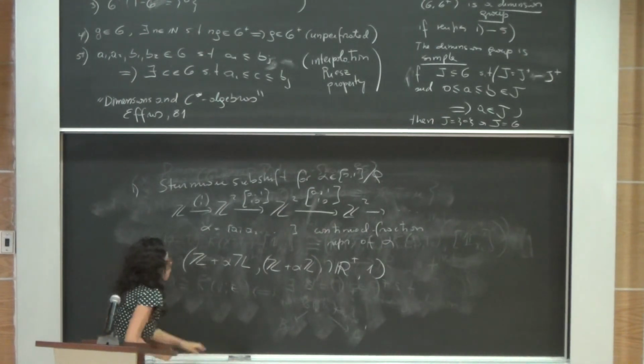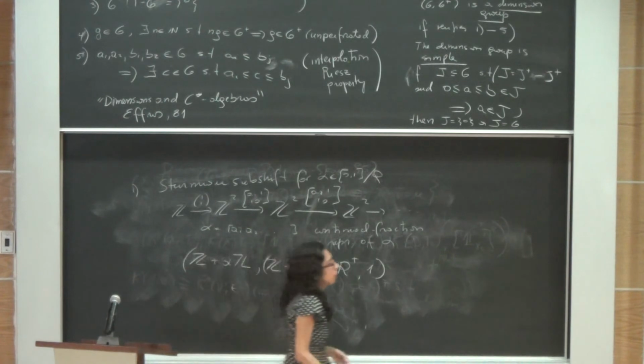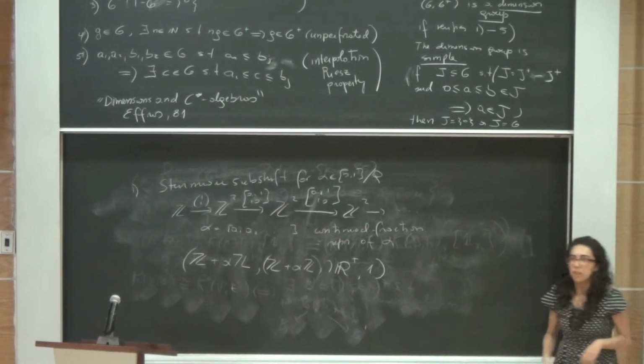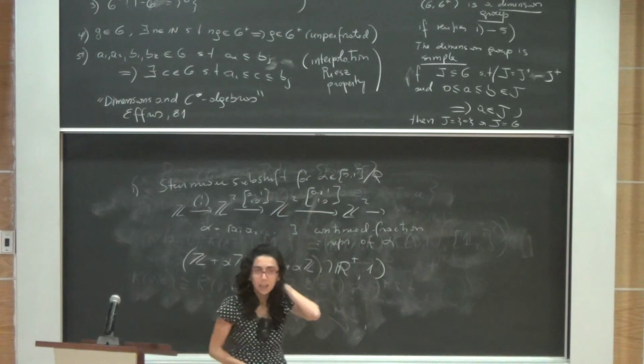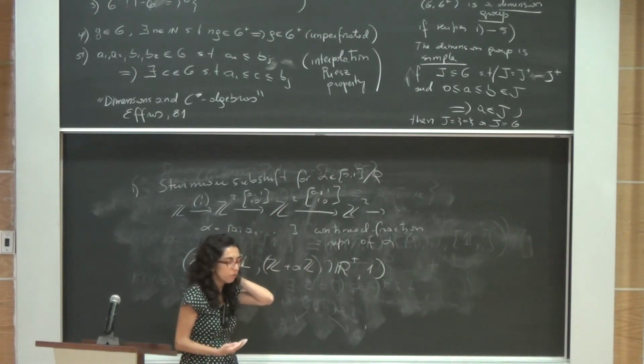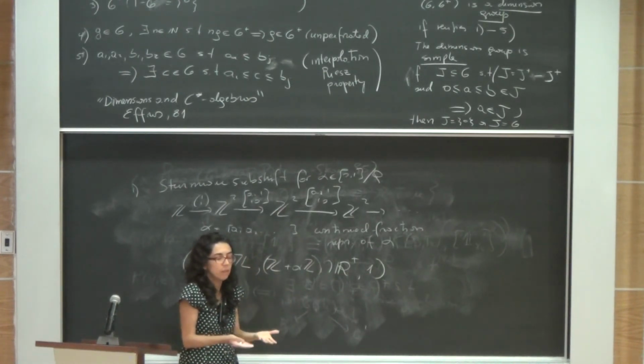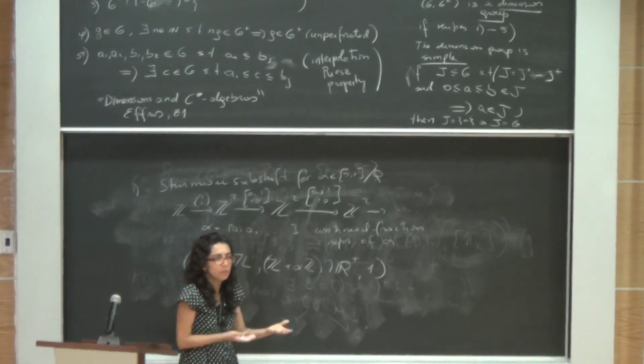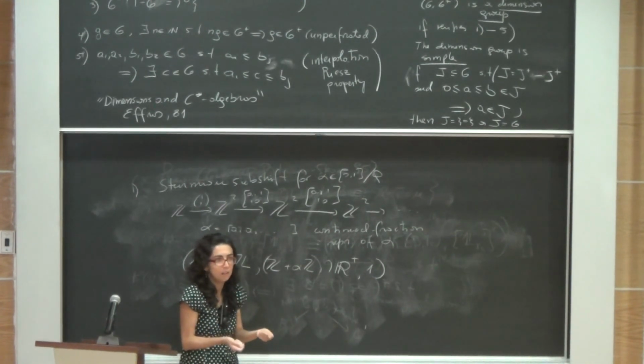Just a last comment. What can we say for more general group actions? Maybe the problem with Bratteli diagrams is that they are very useful for Z actions, but if you want to work with more general group actions, there is no way to define a Bratteli diagram.